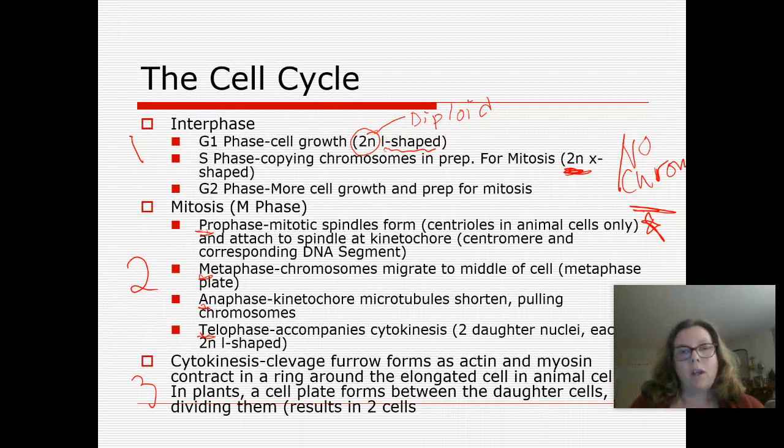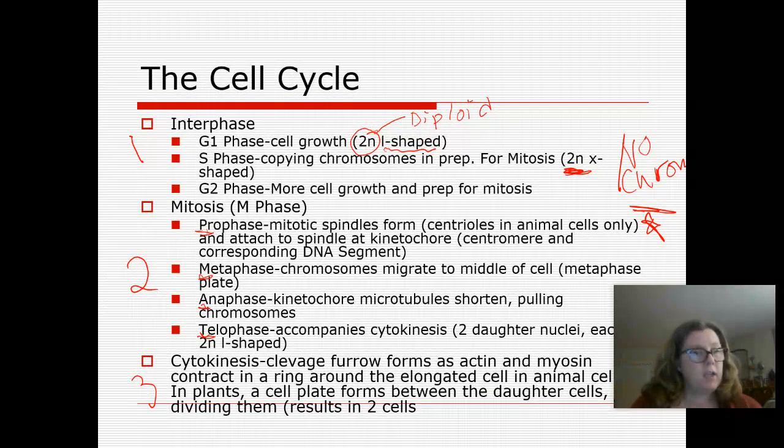It's a more fluid process than that. And so sometimes there are some distinctions made between the early parts of these phases and the late parts of the phases. Just don't miss the forest for the trees here. Okay, so we get prophase, metaphase, anaphase, and telophase, and we're dividing only the nucleus and the DNA at this point.